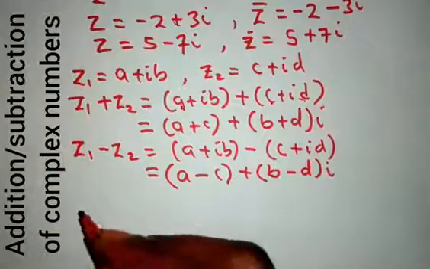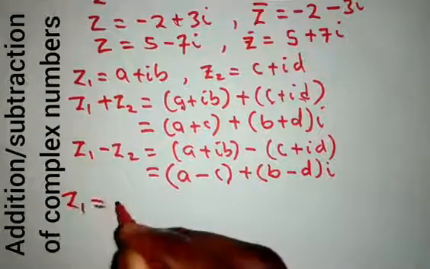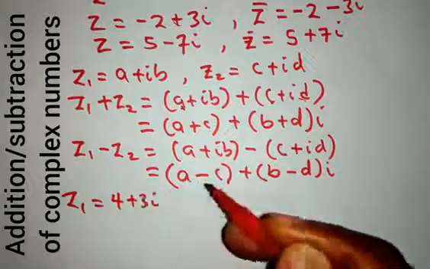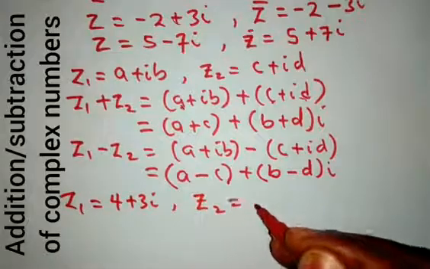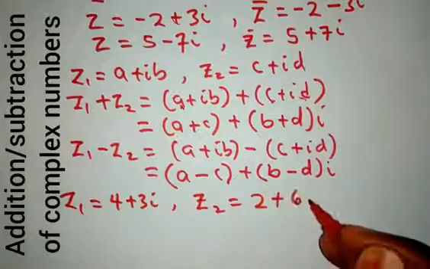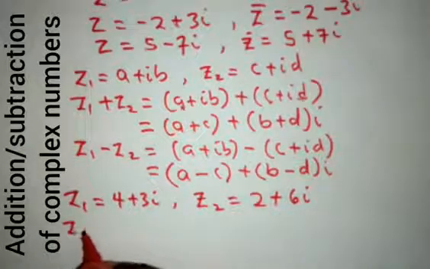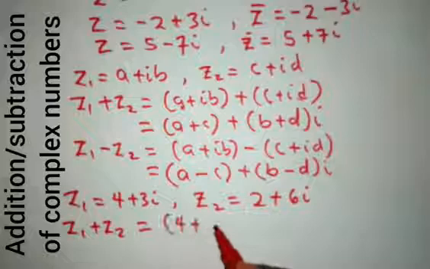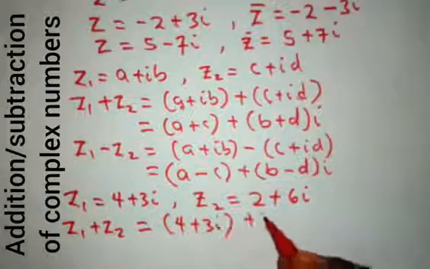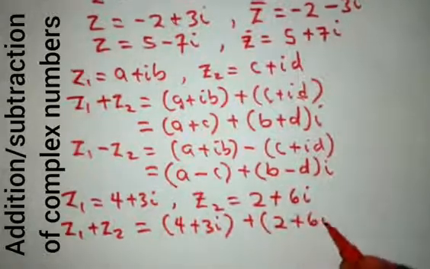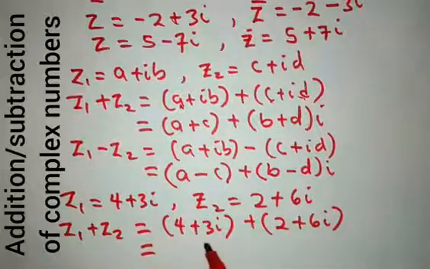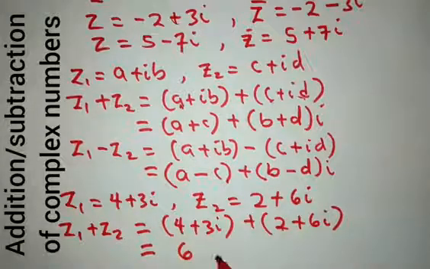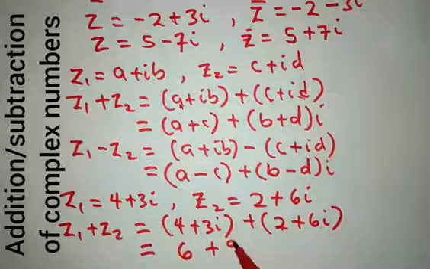Let's see some examples. If z1 equals 4 plus 3i and z2 equals 2 plus 6i, then z1 plus z2 equals 4 plus 3i plus 2 plus 6i. And this gives, so we add up the real parts, 4 plus 2 gives 6, plus 3 plus 6 gives 9i.